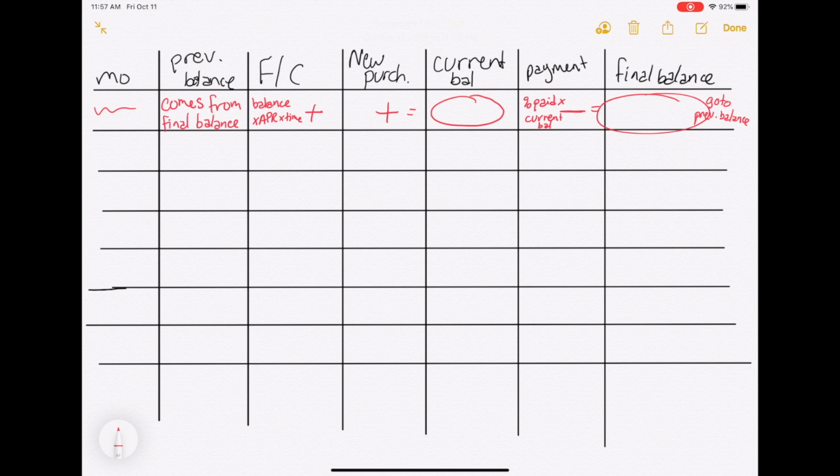Then as we move into the teal box, they're saying that she decided that maybe it's not a great idea to keep purchasing things on this card. So she has no new purchases, but she's still going to be incurring all of these finance charges. By the end of December, she has a balance of $2,513.65.